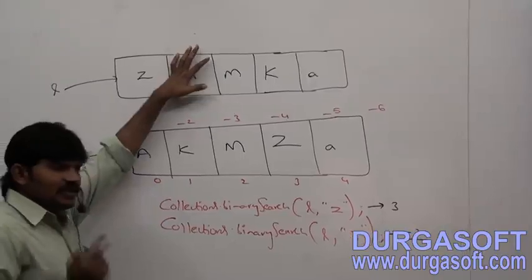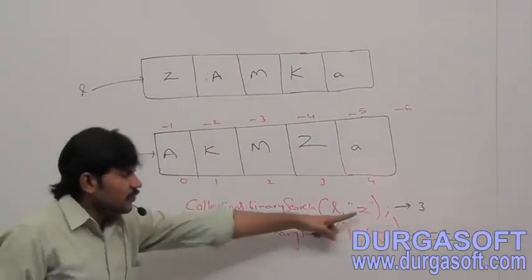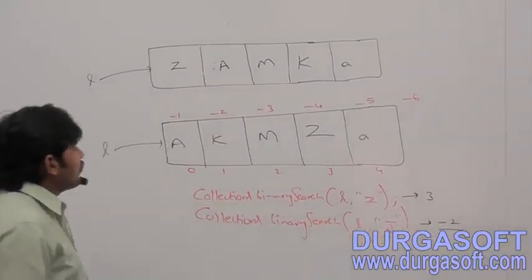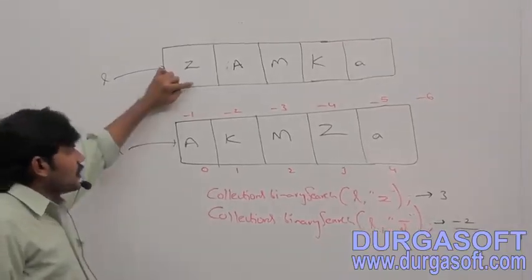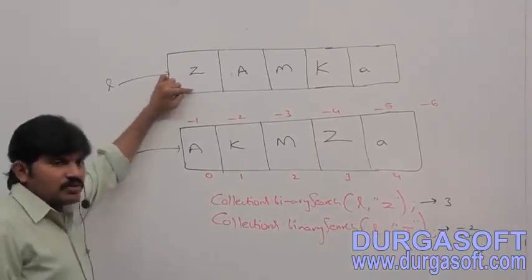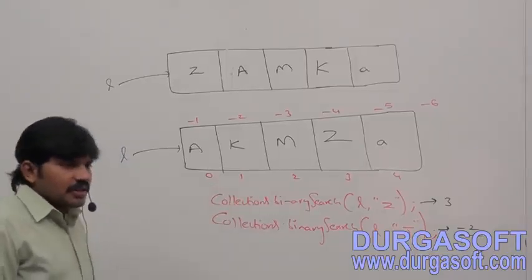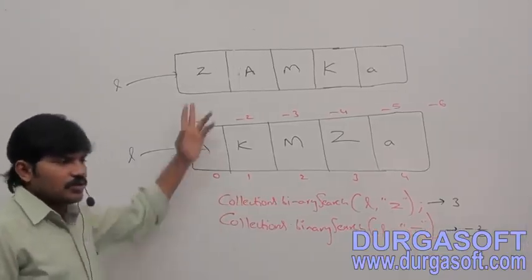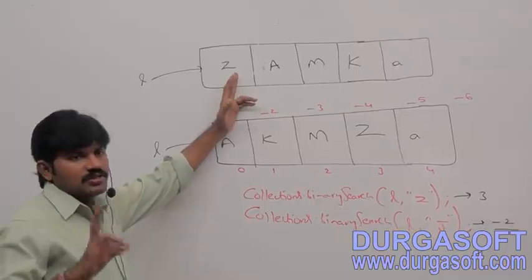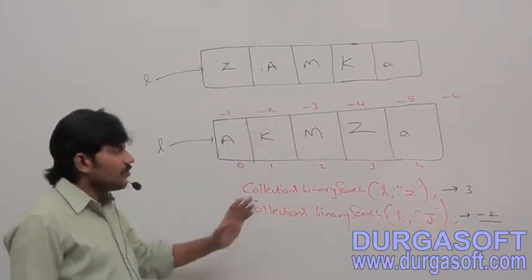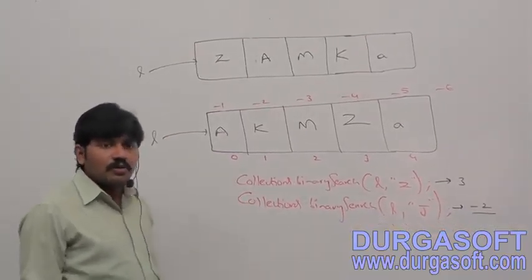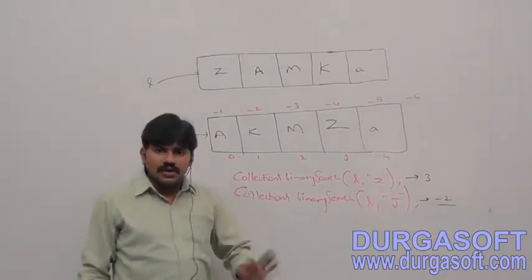If so, at least for a successful search, Z is available at the 0th index, so can I get a proper result or not? If the list is not sorted but we still call the binarySearch method, you know, unpredictable results we are going to get.